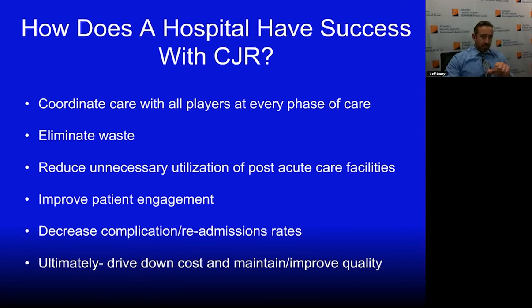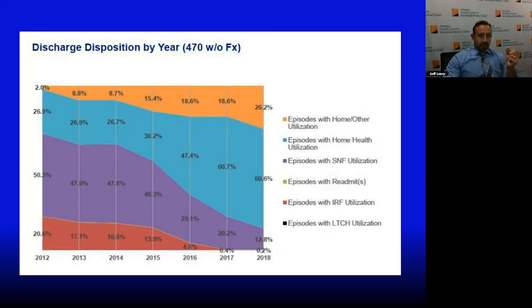I want to touch on these other points in a second, but what we did with it here at Atlantic is if you look at this graph from 2012, where we started thinking about the bundle, to 2015, where the bundle and CJR actually started, if you look at the purple and red combined right here, this was the use of inpatient, whether it be subacute or long-term care. This was the use of post-acute facilities after joint replacement pre-CJR.